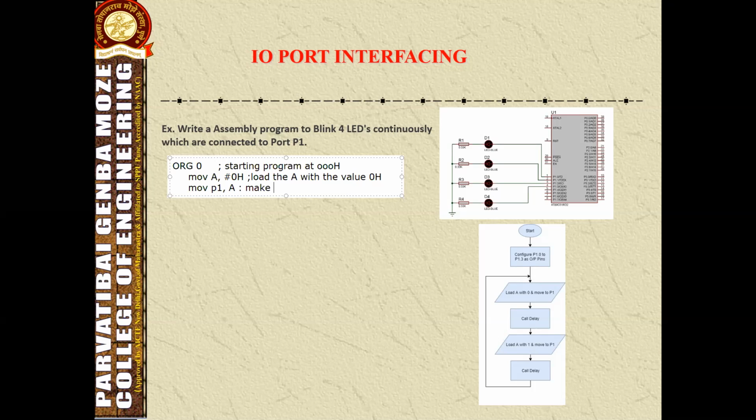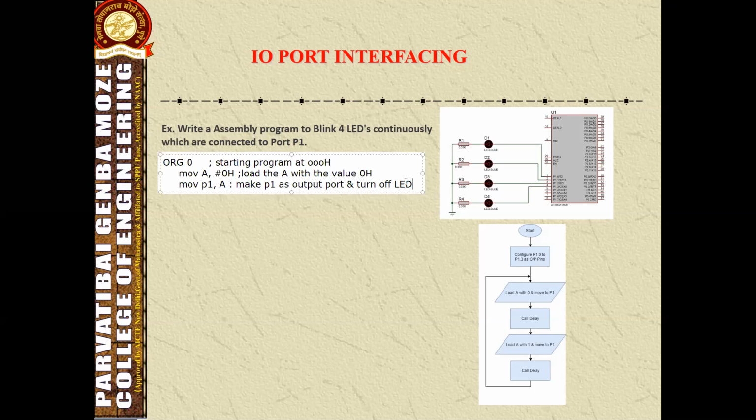We are going to make P1 an output port and turn off the LED. By writing a low signal on this port, the port will act as an output port, and simultaneously the LED will be off.